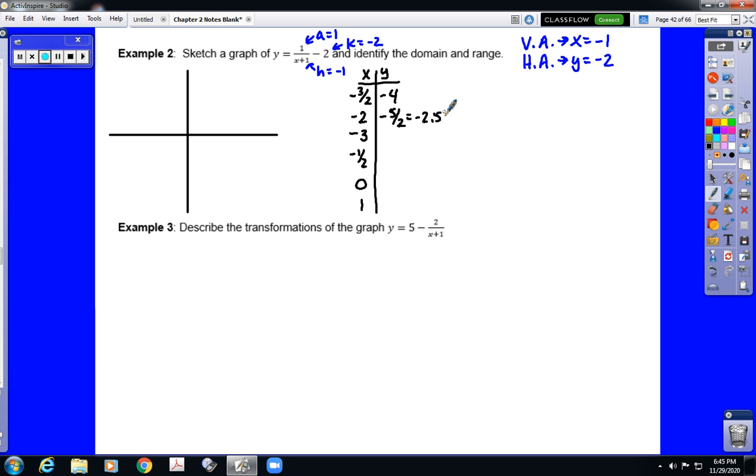We would have, oh, I lied, that's not true. Let's try that again. When we plug in negative 2, we would have 1 over negative 1, which would be negative 1, minus 2 would be negative 3. Plug in negative 3, we have 1 over negative 2, which would be negative 1 half, minus 2 would be negative 5 halves. So I jumped the gun a little bit.